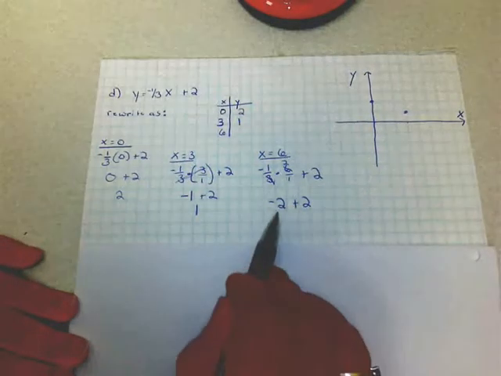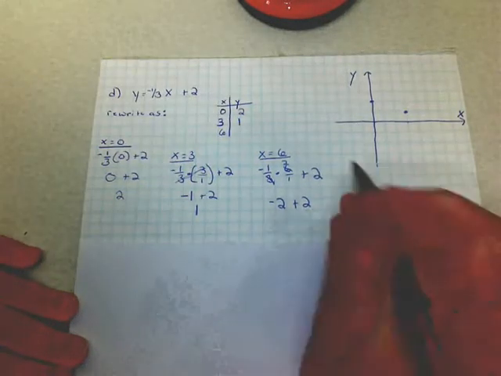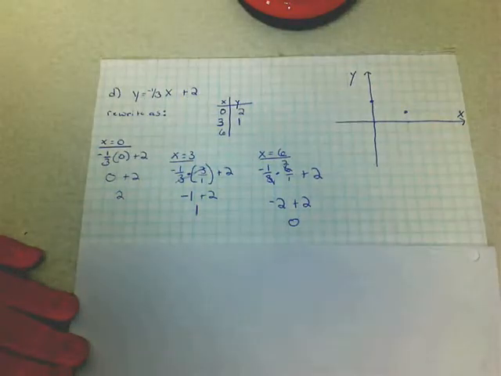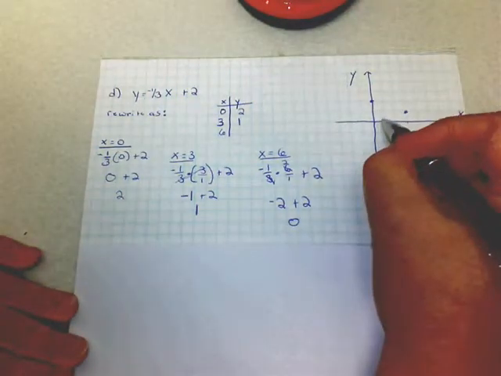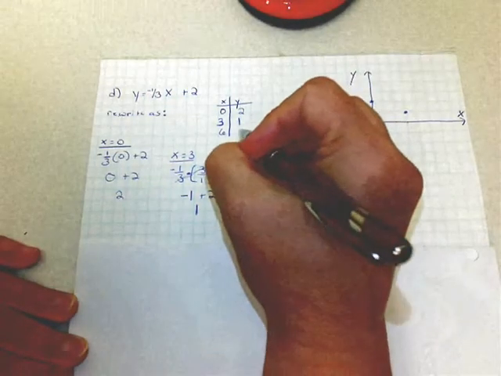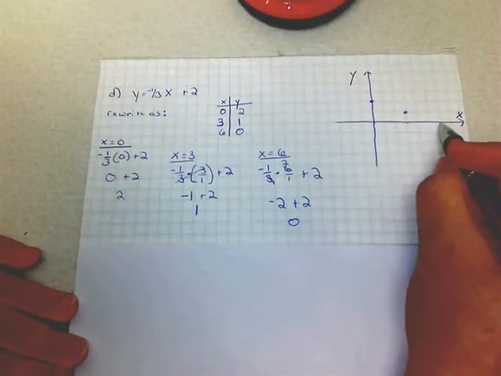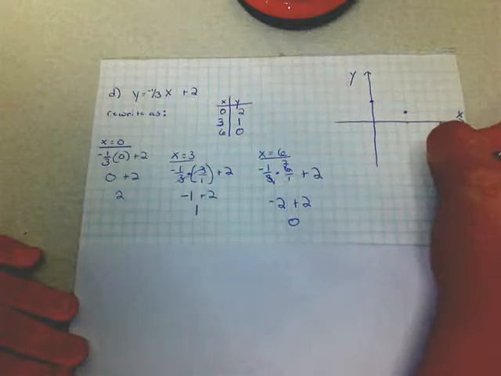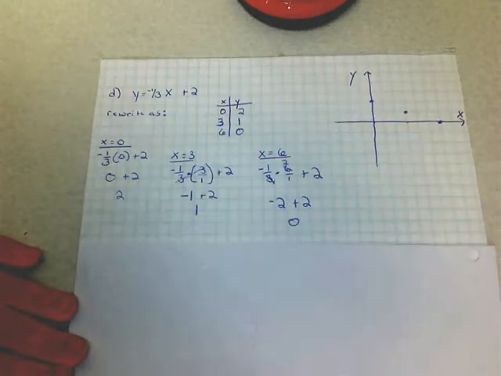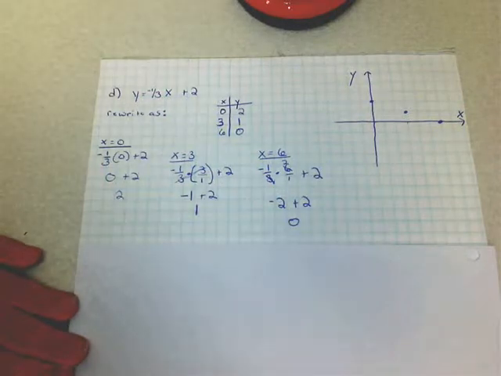And if I owe 2 and I pay 2, I don't owe anything anymore. So I go to x equals 6. 1, 2, 3, 4, 5, 6. And y equals 0, so I don't go up or down. And I put a dot on the x-axis.